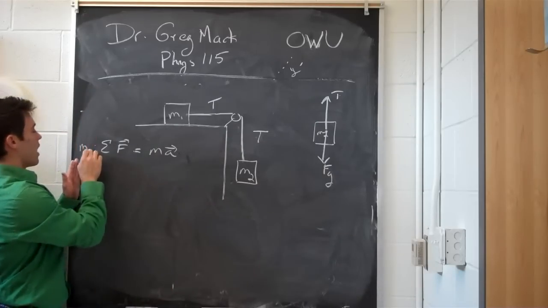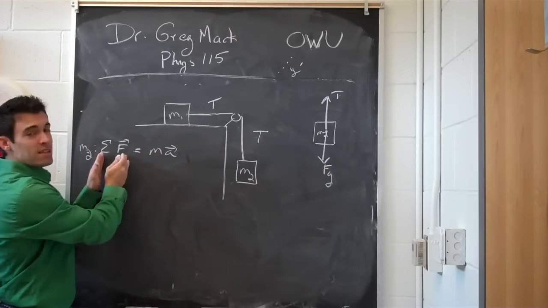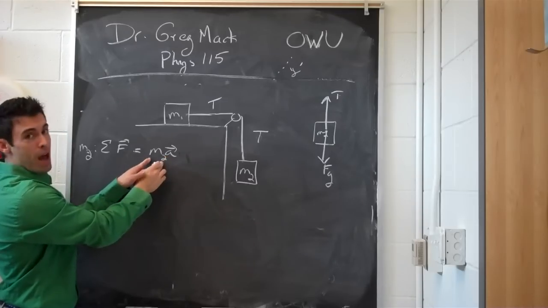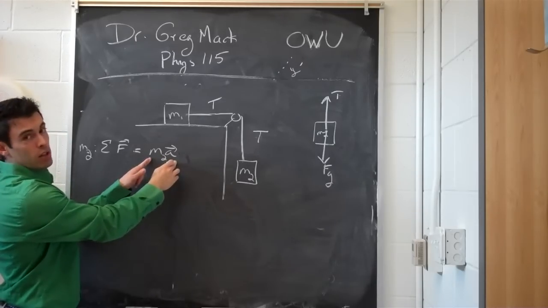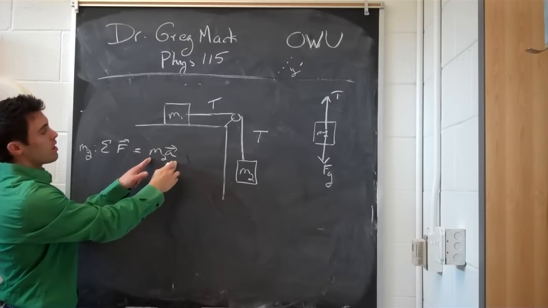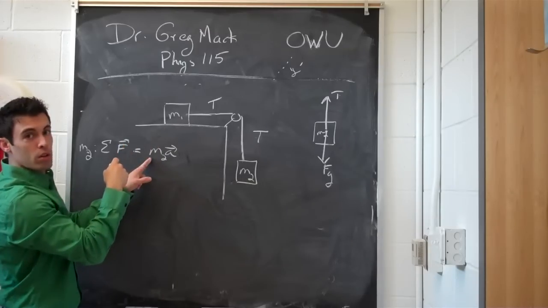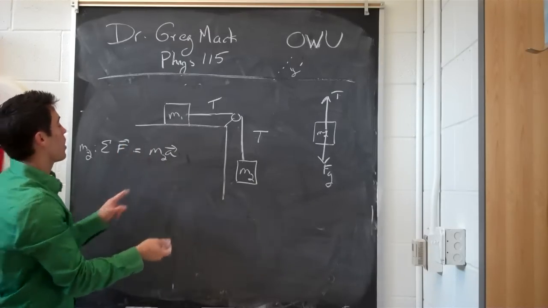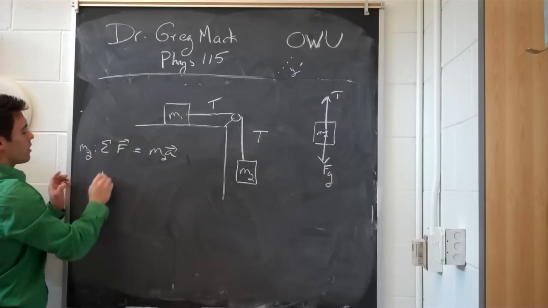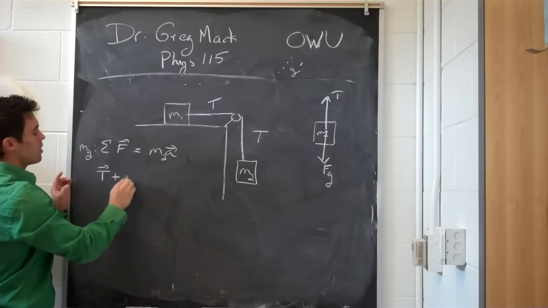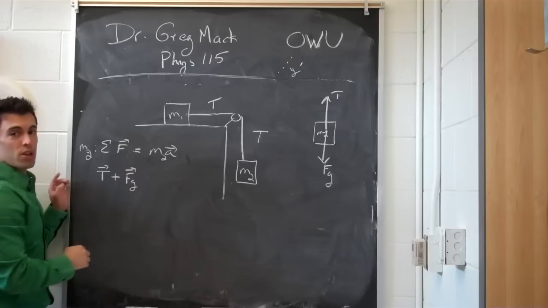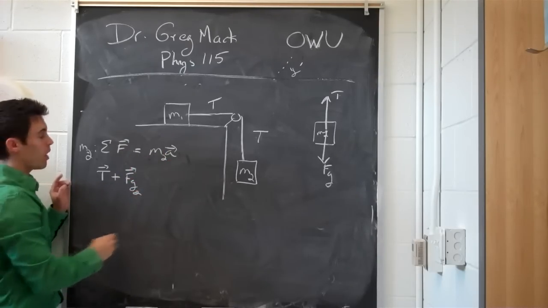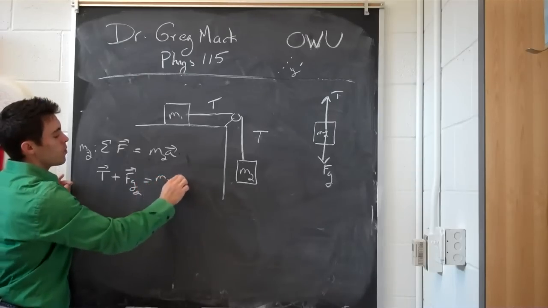Right now we're looking at M2, so the forces acting on block 2 equal block 2's mass times the acceleration. The acceleration, we said, is going to be the same for both, so I'm just going to call it A instead of A2 and A1, because they're going to be equal. The forces involved are the tension and the gravitational force F2, which is equal to M2 times A.